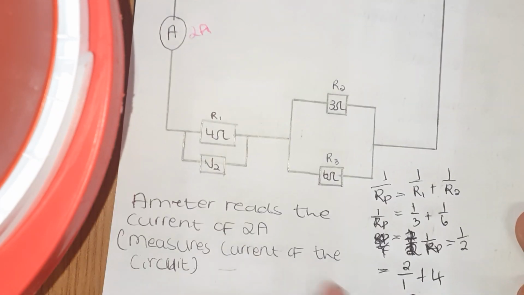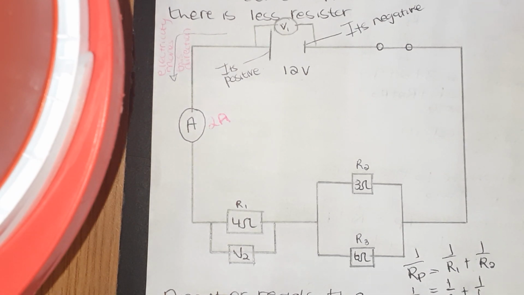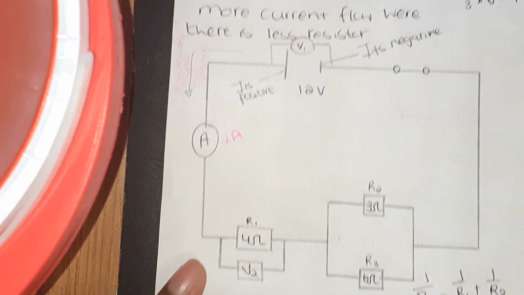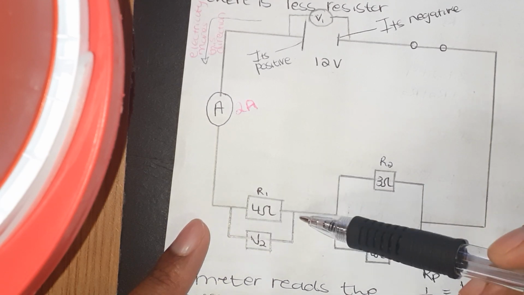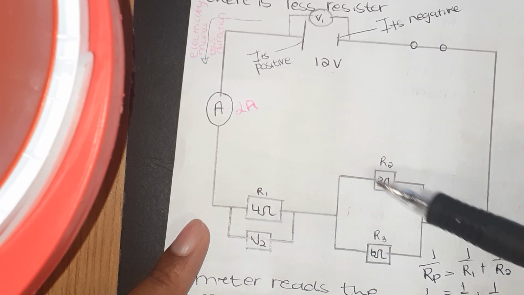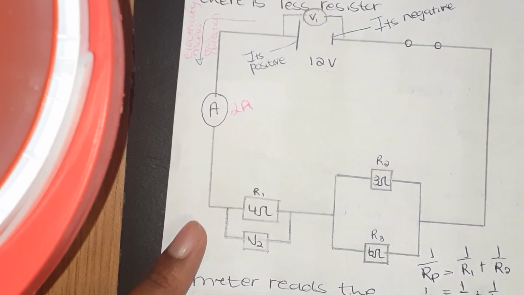So it will just be this times that 2, right? But that's not what the question wanted us to calculate, because we have been given the voltage. So I just wanted to show you how to get this voltage in here.